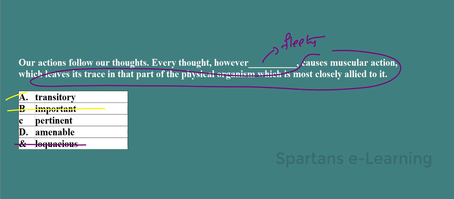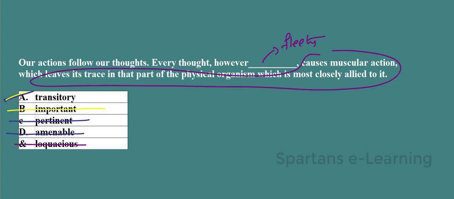Pertinent means something relevant to, so again it is irrelevant in this question. Amenable is flexible, again out of context, not required here. So you look for a word whose meaning is related to fleeting. Transitory is temporary, which is fleeting, so transitory is the correct option here.